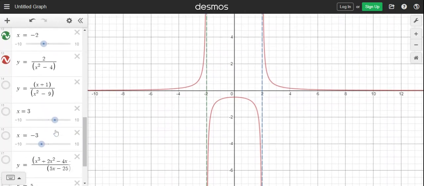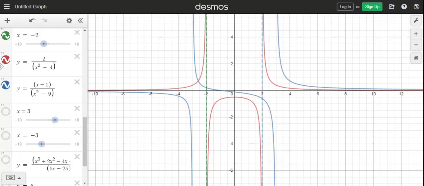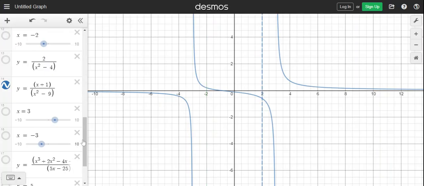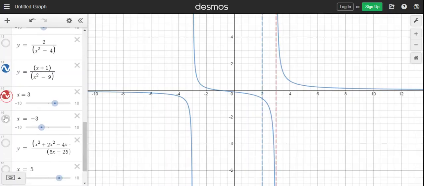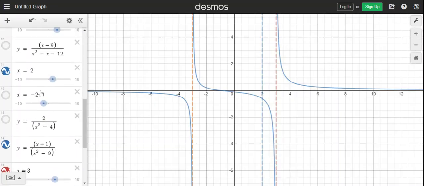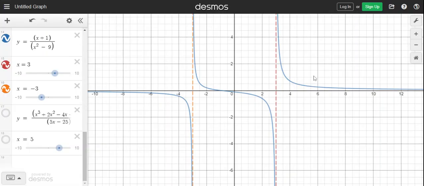And finally, this one is x plus 1 over x squared minus 9. So this is another variation. We have 2 vertical asymptotes, x equals 3 and x equals negative 3. Okay, so everything is clear, but this time the middle part does not have a minimum or maximum point.